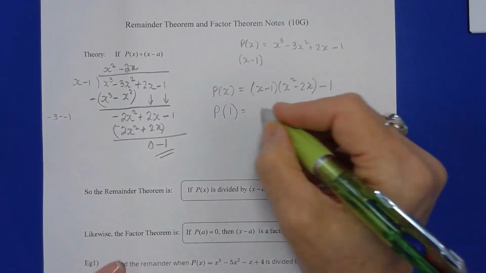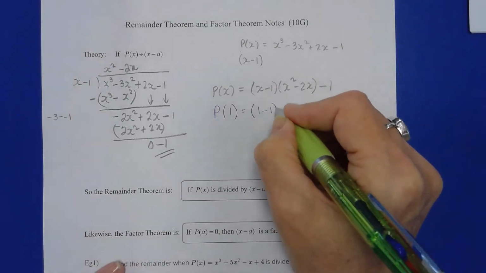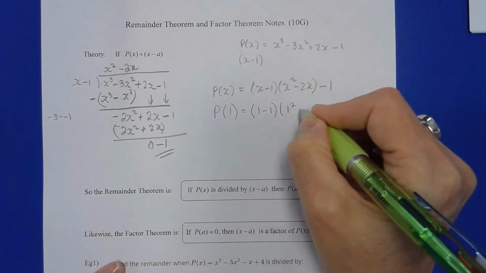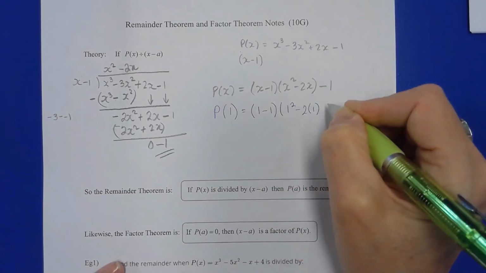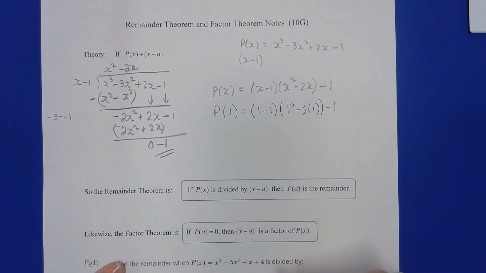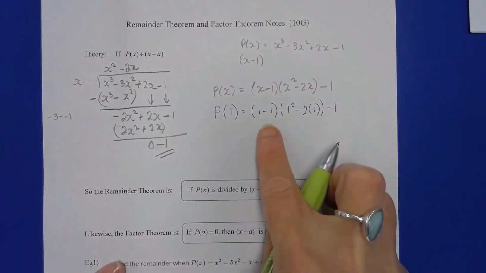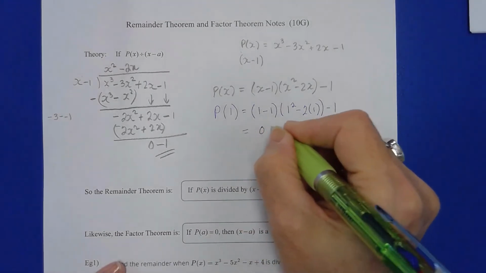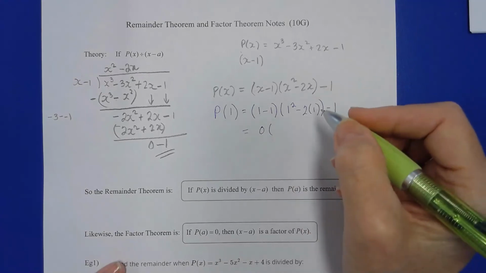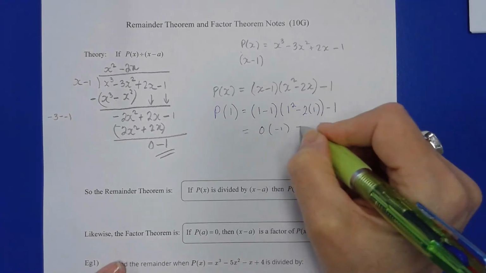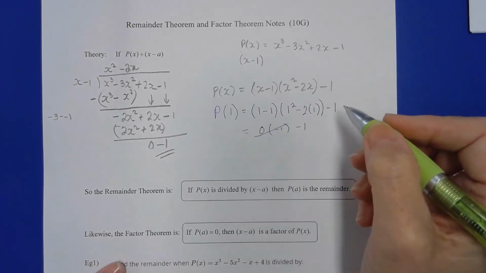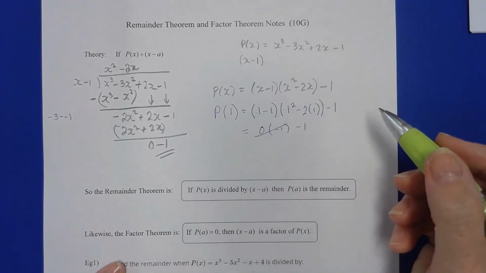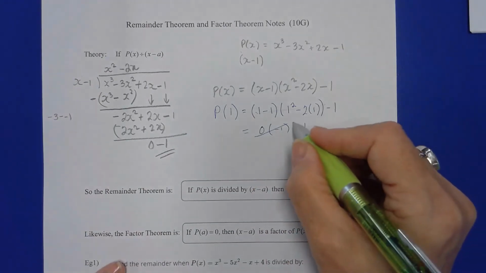You get 1 minus 1 times 1 squared minus 2 times 1 minus 1. What's 1 minus 1? Yeah, so I get 0 times whatever that is, negative 1, minus 1. So that whole thing's just 0, isn't it? And I get minus 1.